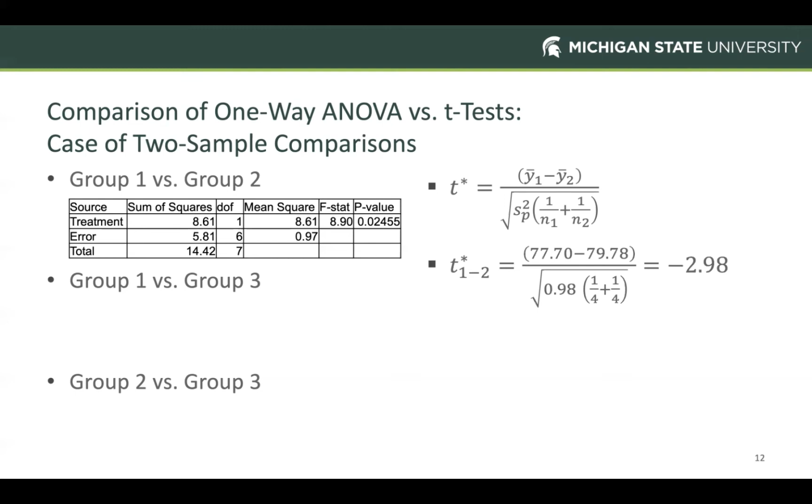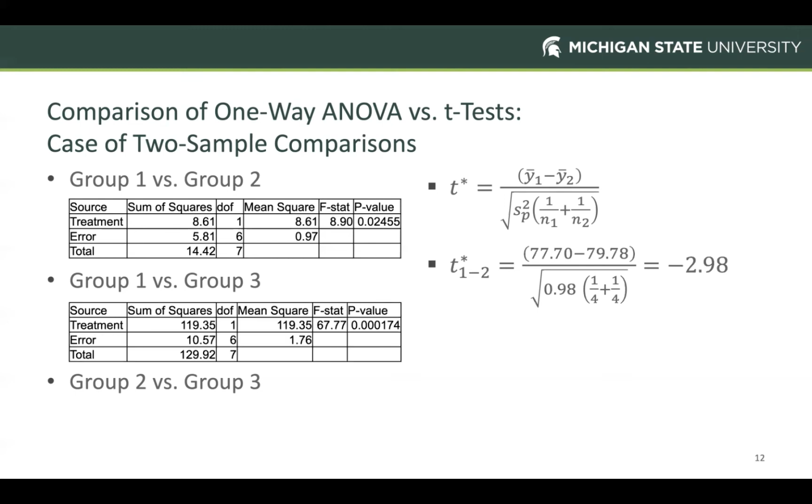We'll circle back to this in a second here, but for group 1 versus 3, this is where we had seen the largest difference in mean noise levels, because obviously we had very high levels of noise in the third group, very small levels of noise, relatively speaking, in the first group. And so consequently, in that circumstance, we find that our F statistic is very large and our p-value as a consequence is very small. And that's consistent with what we see when we conduct our Student's t-test, which shows a calculated test statistic of negative 8.23. And again, those results align very well with one another.